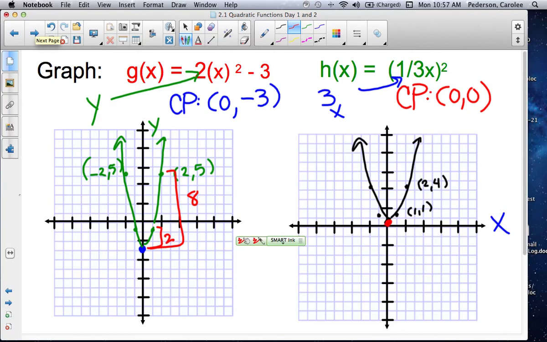My 0, 0 still stays as it is, but now my first x value, instead of being at 1, is going to be over at 3, and then up 1. My next x value, instead of being at 2, is going to be 2 times 3, which is 6. So this would be 6, 4, and this is going to be 3, 1. And remember, I do have that symmetry. So now it's going to be left 3, up 1, left 6, up 4.